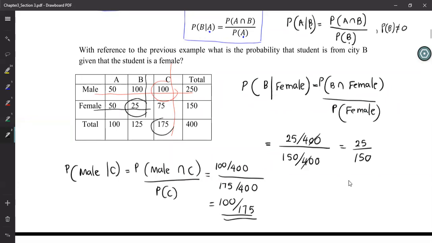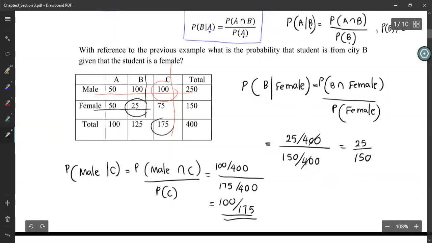If you want to double check whether A given B and B given A are the same or not, you can try it. Let's use the same example. Can you find what is C given male? The numerator is the same. C intersection male or male intersection C, both are the same, but now you divide by P(male). That will be 100 divided by 250, right?